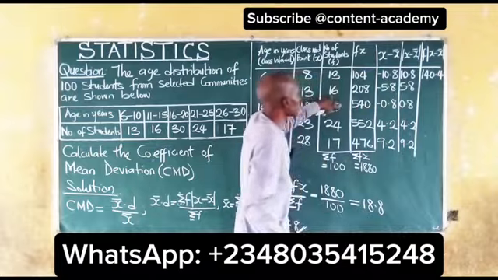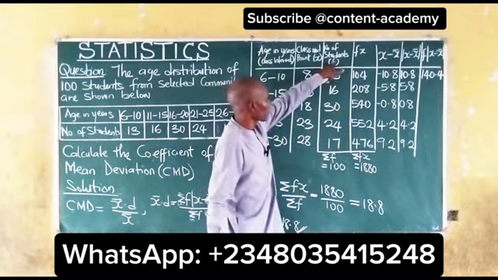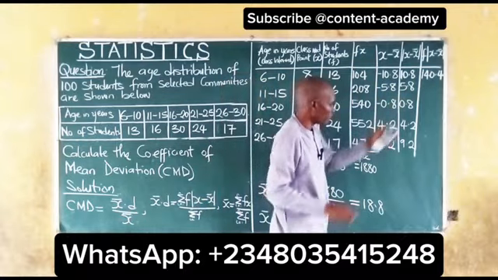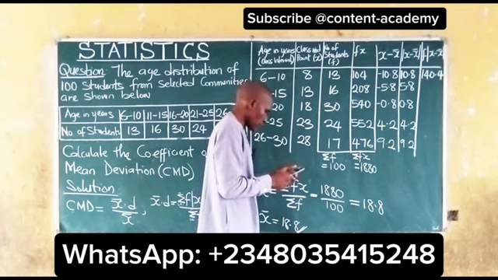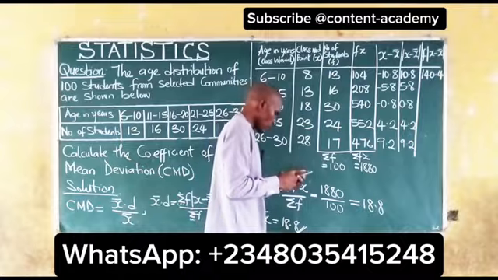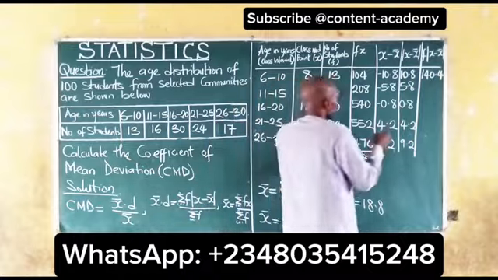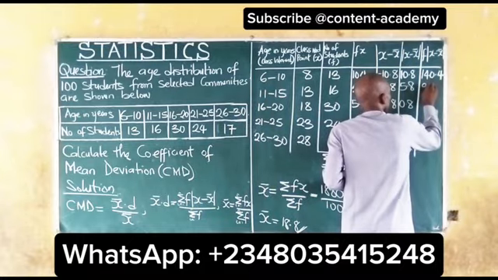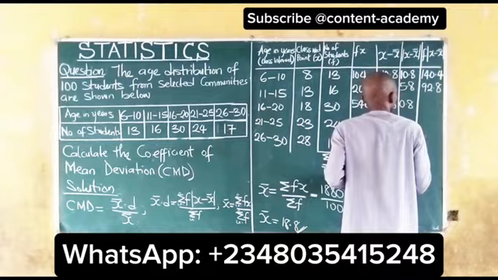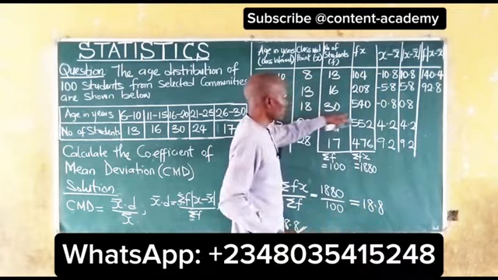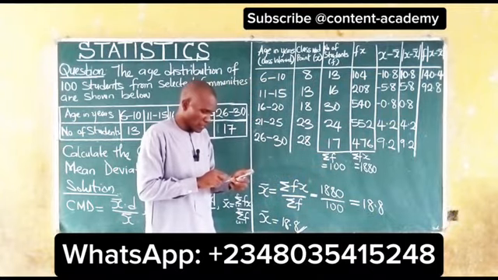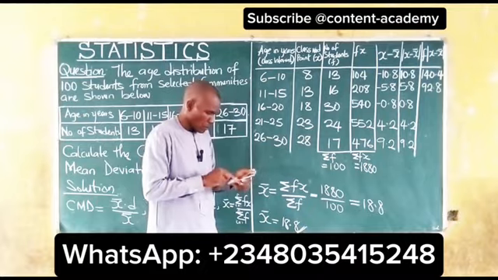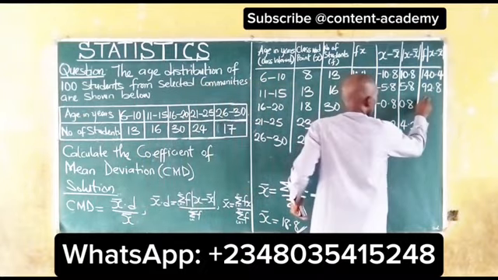Now we have here 16, which is f. 16 multiplied by 5.8 is 92.8. Now we have 30 multiplied by 0.8, we have 24.